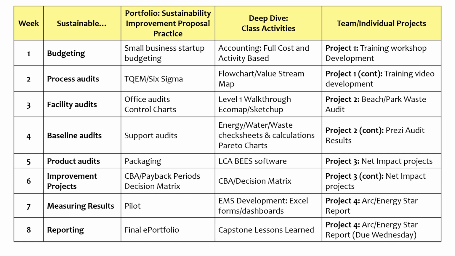You can see that we are going to do sustainable budgeting, sustainable process audits, facility audits, baseline audits, product audits, improvement projects, measuring results, and reporting. All of these are key components of your capstone. And so our portfolio is going to take on a slightly different tone than what you did before with the educational blogs.